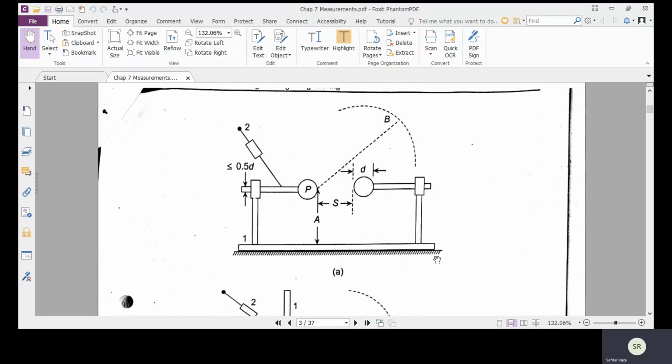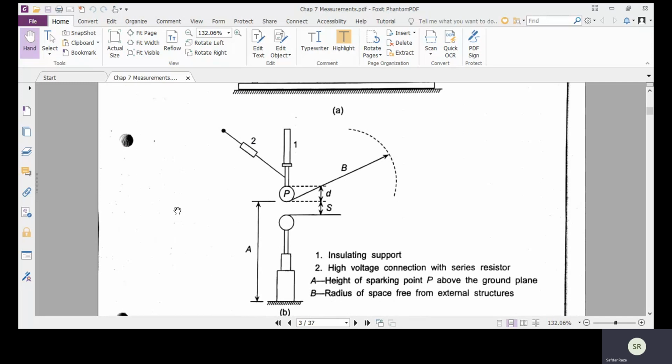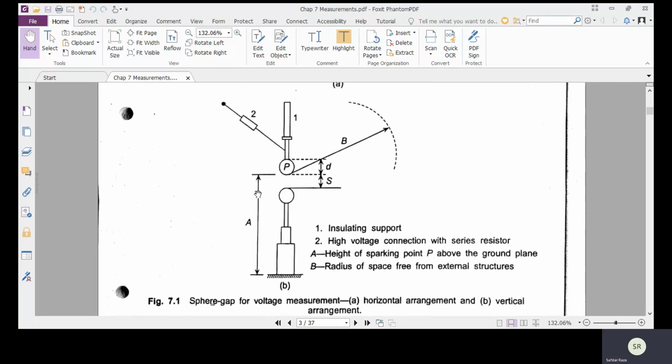However, the other electrode is completely fixed. In vertical arrangement, one of the electrodes is fixed. However, the other electrode is movable. So by adjusting the spacing, we can measure the voltages.